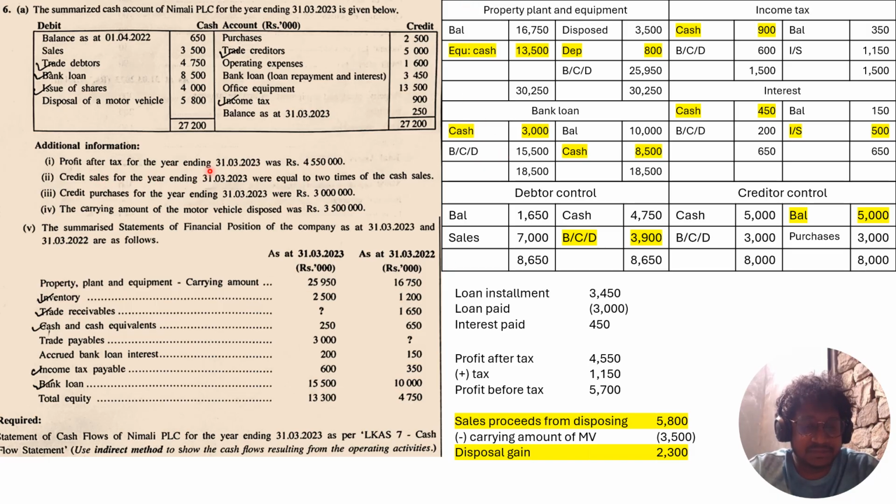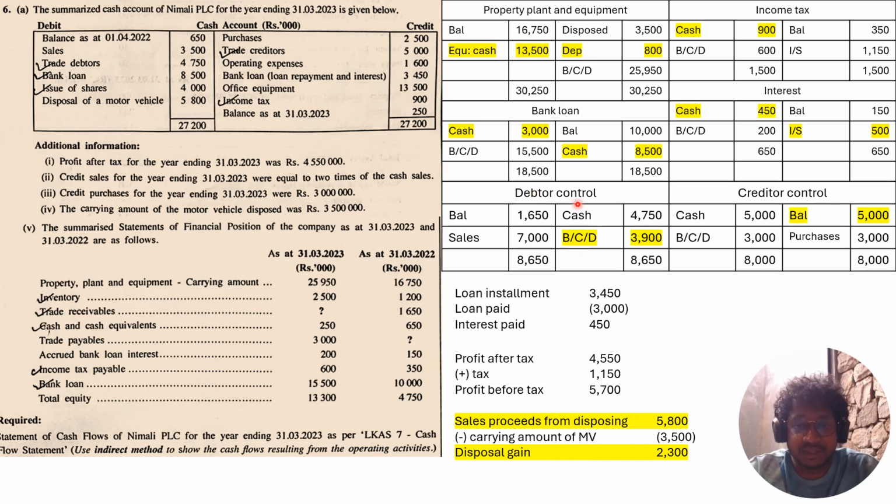Profit after tax for the year ending is given as 4,550. And credit sales for the year ending 31st March 2023 were equal to 2 times cash sales. Your cash sales here are given as 3,500, so 2 times that, your total credit sales are 7,000.